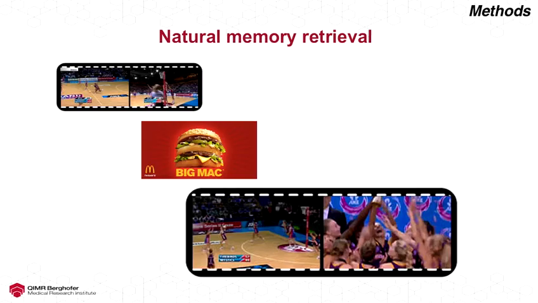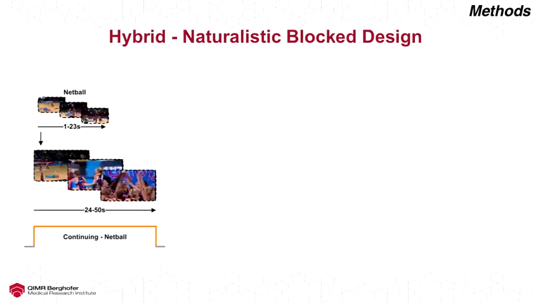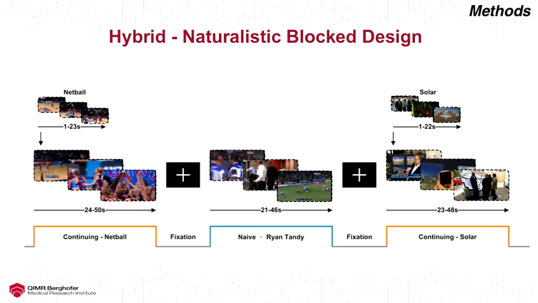So we wanted to borrow this situation into the scanner. What we did was select around 20 news clips, and we split them in half. The participants were given the first half of some of the news clips. Then when they came into the scanner, they would either be viewing the second half, a continued viewing of the previously viewed news clips, or they would be viewing a naive condition, whose content has no association to their previous experience.